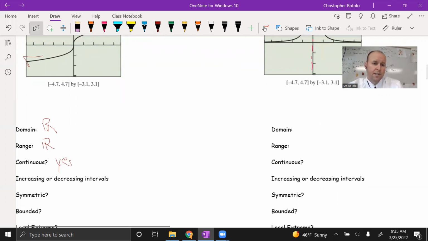Increasing or decreasing intervals. Here's where we kind of trace the whole thing. And my pen is going up, up, up, up, up the whole time. So it's increasing the whole time. So as an interval, I would say from negative infinity to infinity. And we don't count those because we have that going on. Is it symmetric? Right.